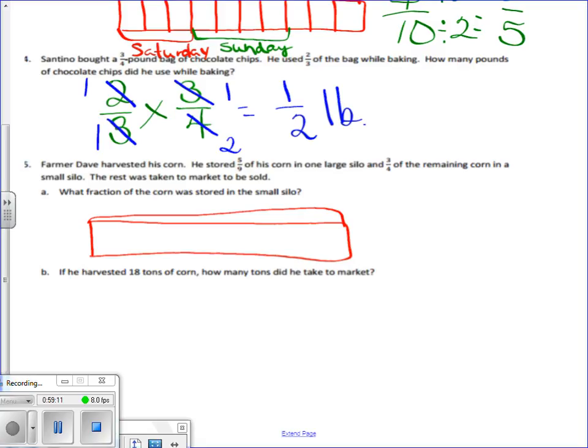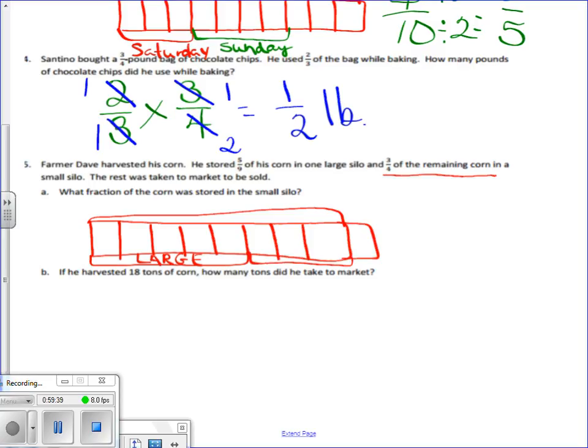5/9. So we have 1, 2, 3, 4, 5, 6, 7, 8, 9. Large silo, 5. 3/4 of the remaining corn. There were 1, 2, 3, 4 left.